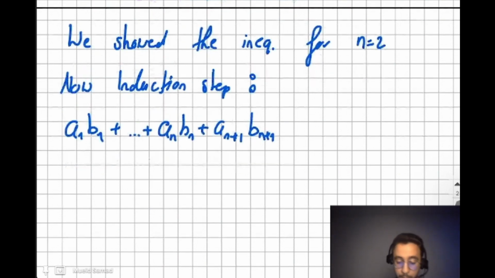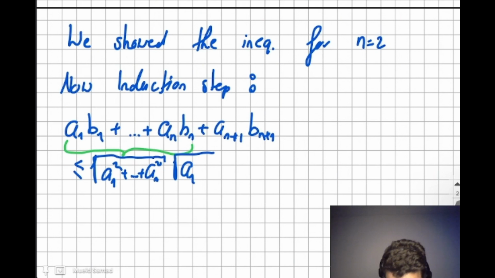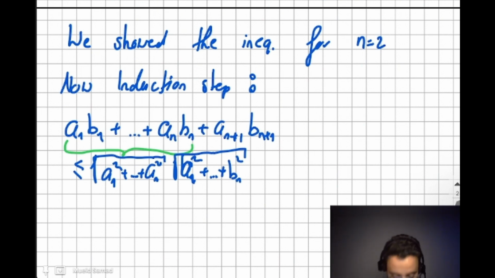Well, assuming the induction hypothesis, this is true for the inequality for the n case, we have here smaller or equal to the square root of a1 squared plus up to an squared times the square root of b1 squared plus up to bn squared.